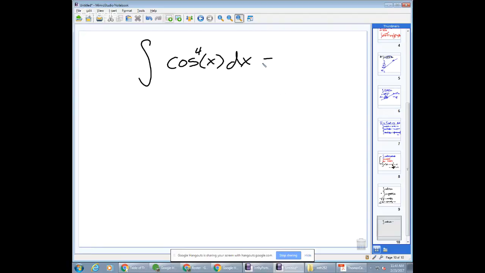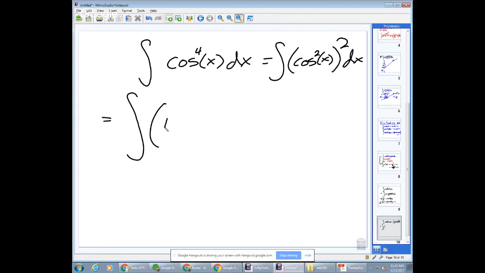So we can rewrite this and say, hey, this is just the integral of the cosine squared, and we have the half angle formula, we can work on that. So that's going to give us 1 plus cosine of 2x over 2 all squared dx.